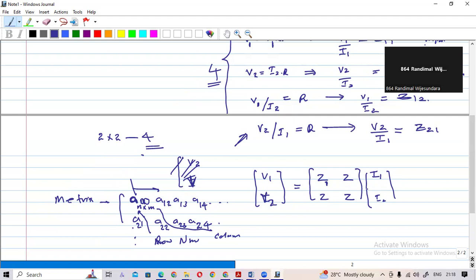The same way we can define this: first row, first column; first row, second column; second row, first column; second row, second column.